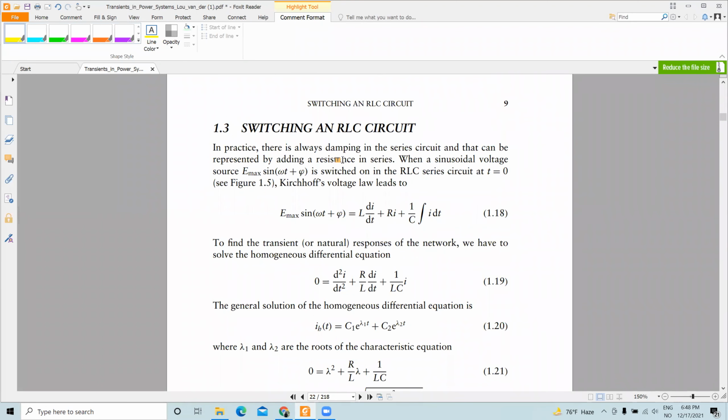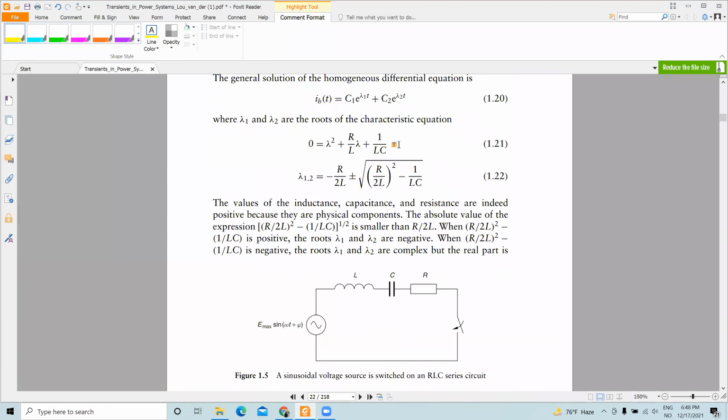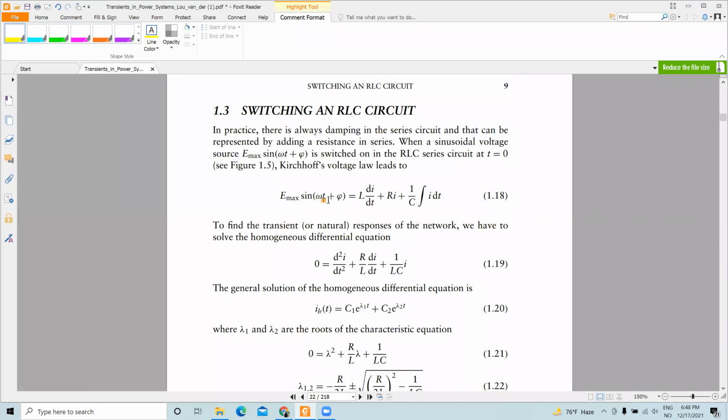Similarly, for an RLC circuit, you have R, L, and C, and if you apply KVL here, this is the source term, L di/dt plus Ri plus 1 over C integral of i dt. This makes a second order differential equation, d square I/dt square. For the homogeneous part, you do not consider the source, so it will be 0.